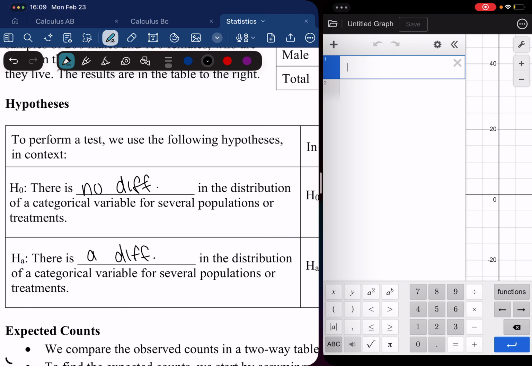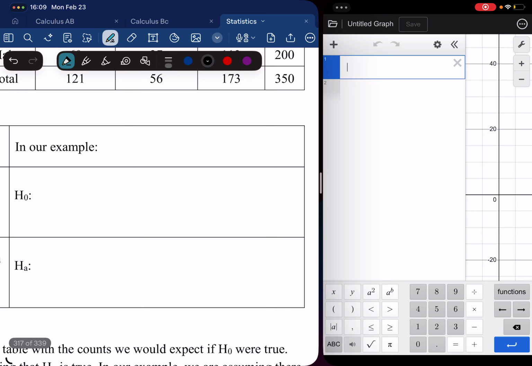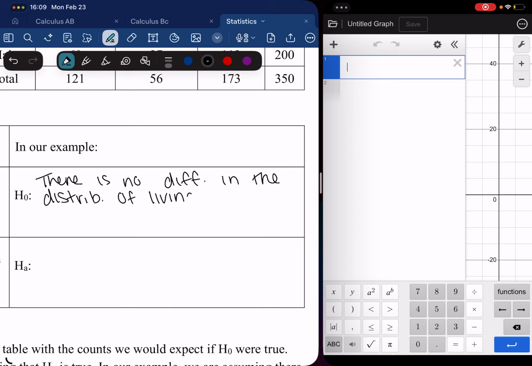So if we were to write that in context of our problem, the null hypothesis would be there is no difference in the distribution of living arrangements for males and females.